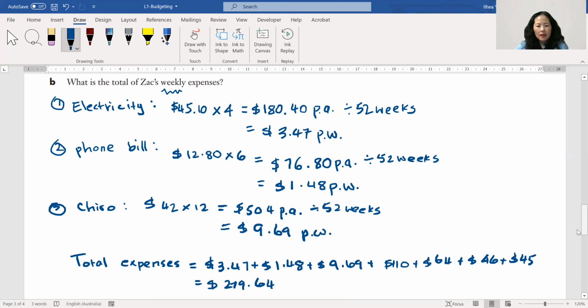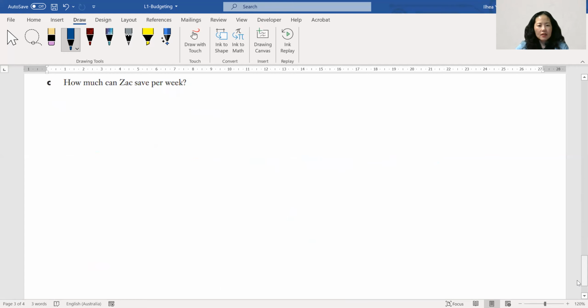All right, and then the last one, it says, how much can Zach save per week? Okay, so to find the savings, we'll go from the total earning and take away all the expenses.